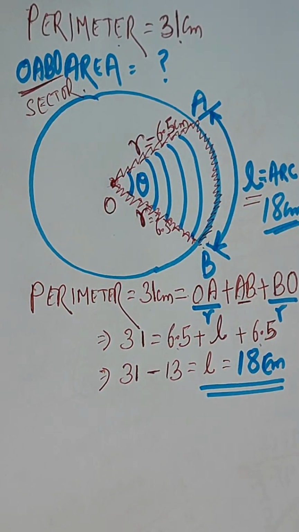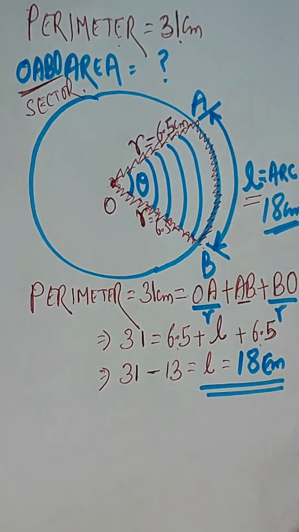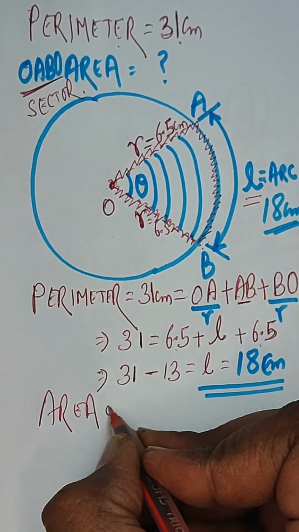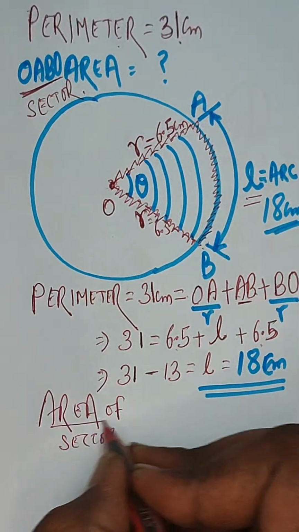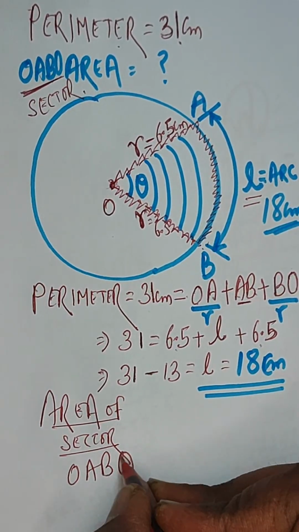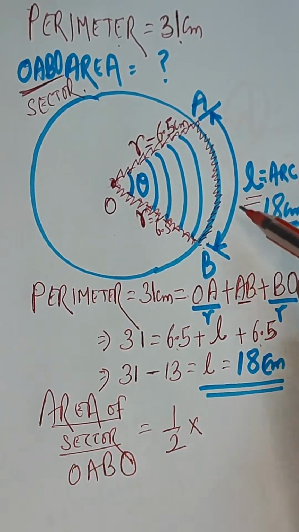If the length of arc is calculated, then how to find the area of the sector? Area of the sector has a very standard formula. Area of the sector OABO is equal to half, as we do half into base into height.